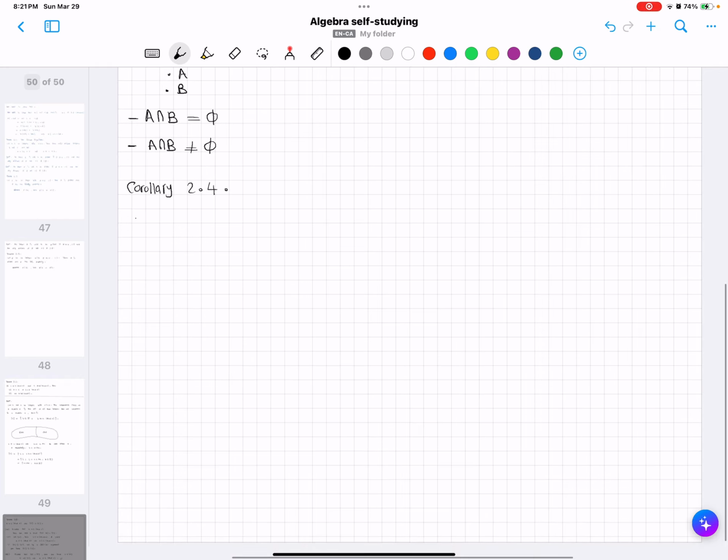Two congruence classes modulo n are either disjoint or identical. So let's prove this.